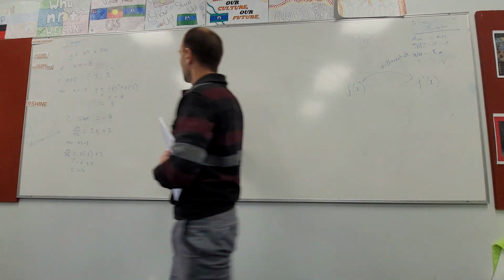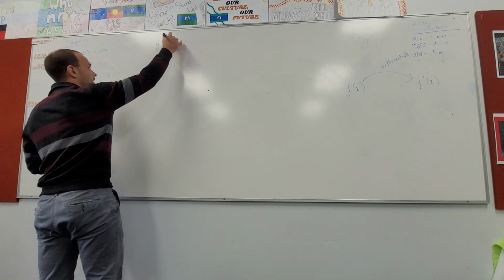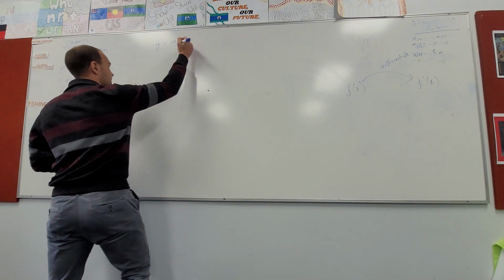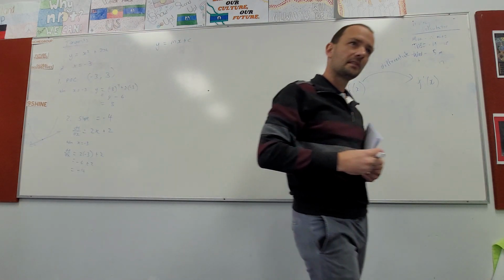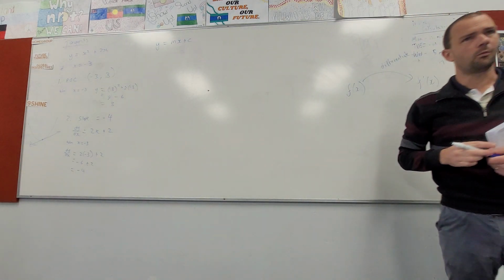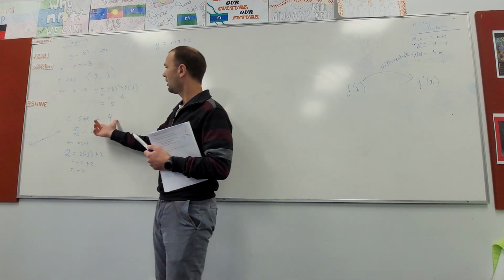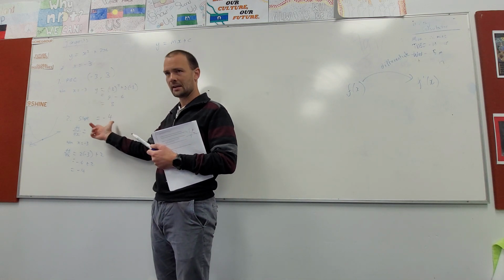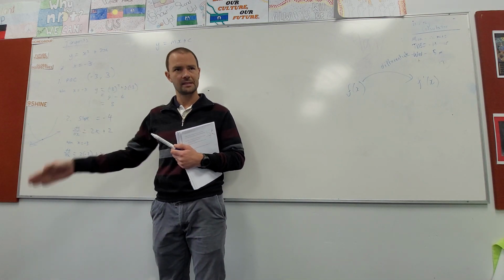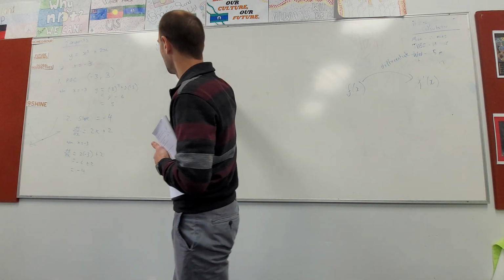So the equation of a line, okay, is y equals mx plus c, where m is the slope and c is the y-intercept. What's the slope of our line? -4. The slope of the line is -4, so we've already got the value of m.